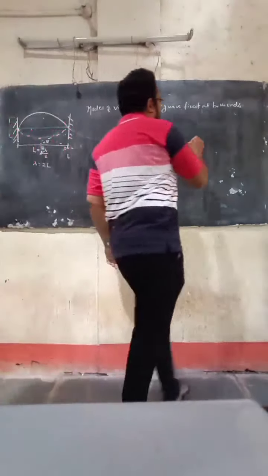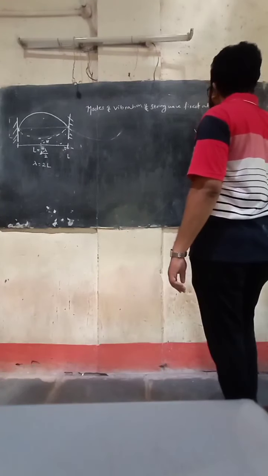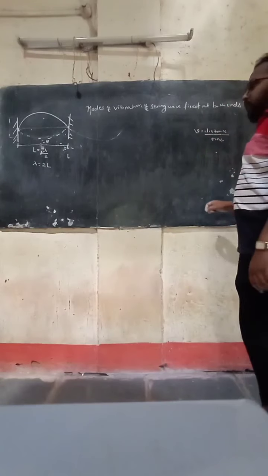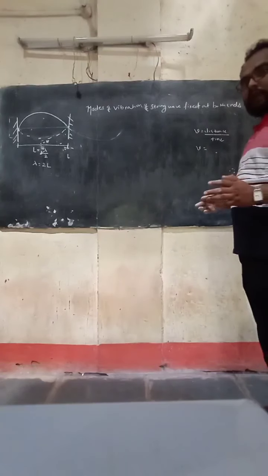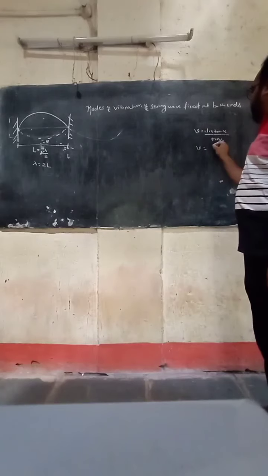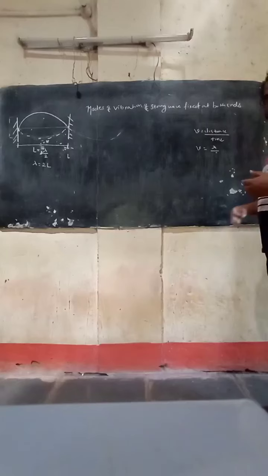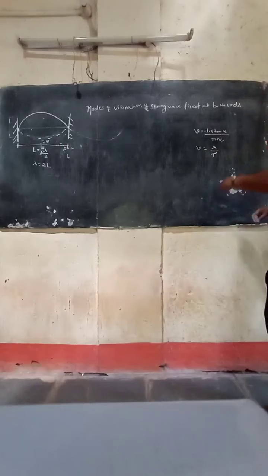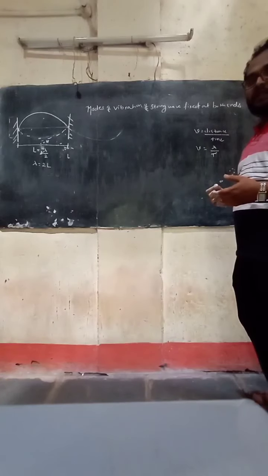Now, one more thing. Make separate note that, see, velocity is distance upon time. Now, distance. To complete one wave, the distance traveled is the wavelength. So, I can write this as wavelength. And time, to complete one wave, we require complete time period, that is capital T. So 1 upon T, when this time goes to numerator, we can write it as frequency because reciprocal of time is frequency.